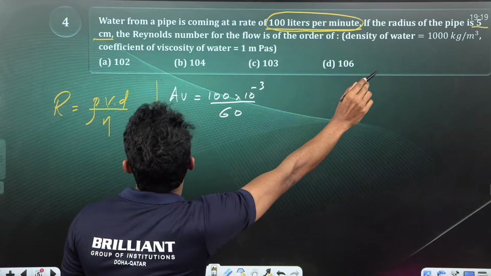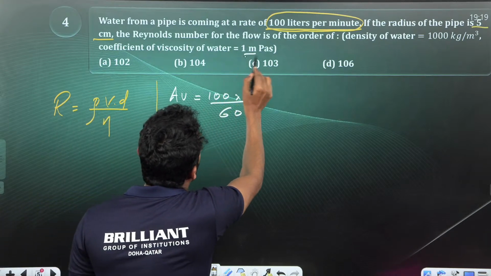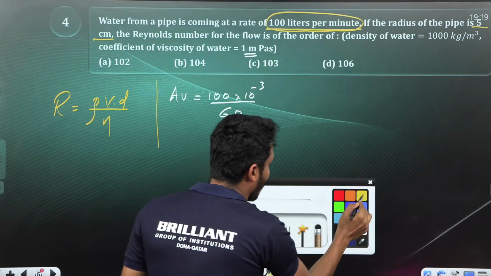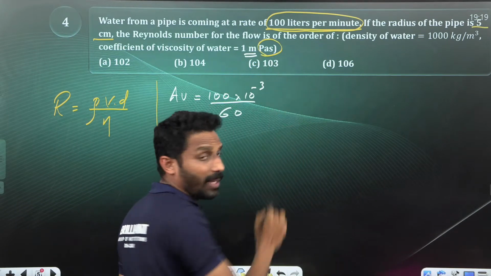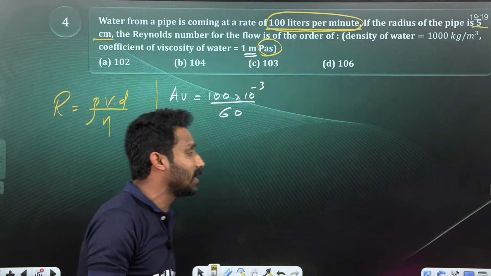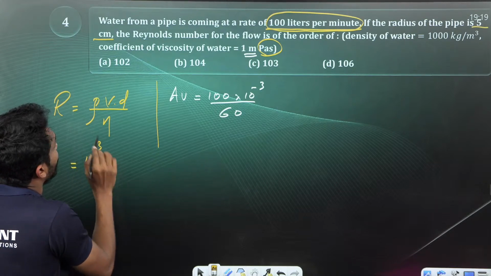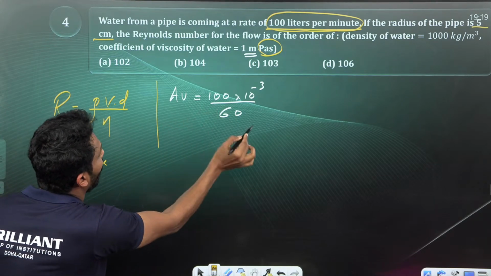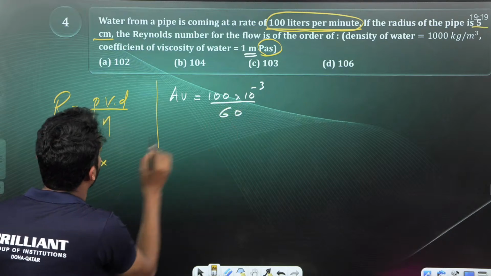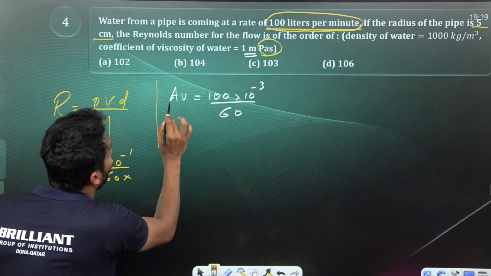Diameter is given, the radius is 5. Coefficient of viscosity is given as 1 millipascal second. Pascal second is the SI unit of coefficient of viscosity. Putting the values, density is 10 raised to 3. Speed is this by A, which is 10 power minus 1 divided by 60, divided by area.